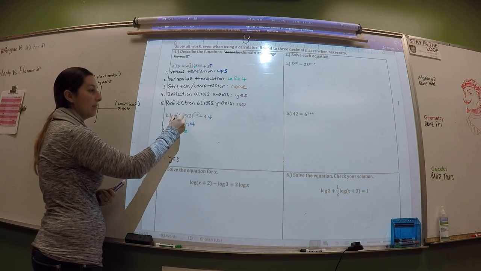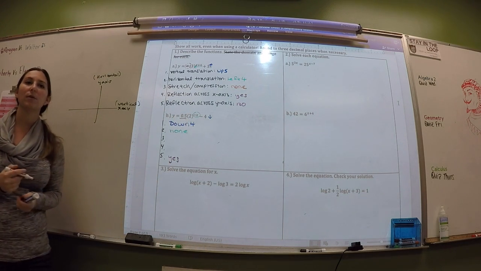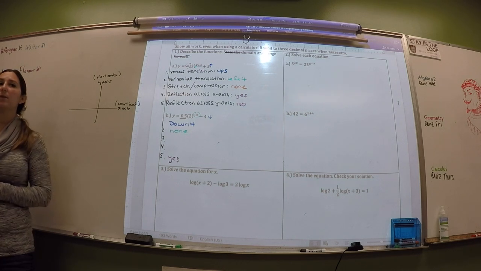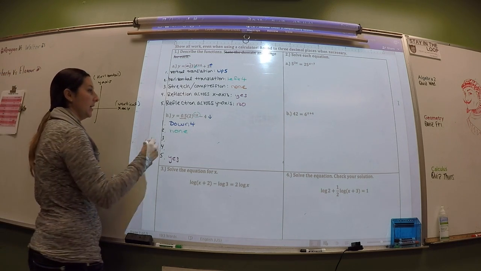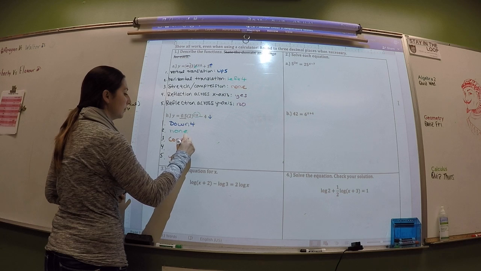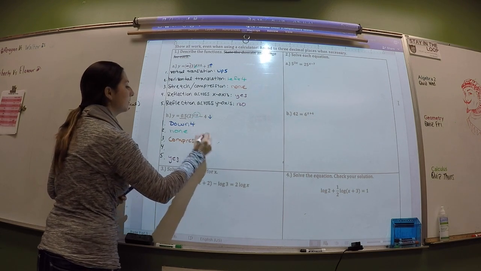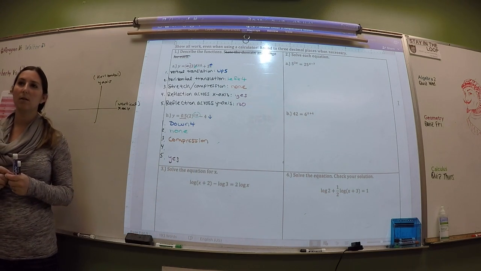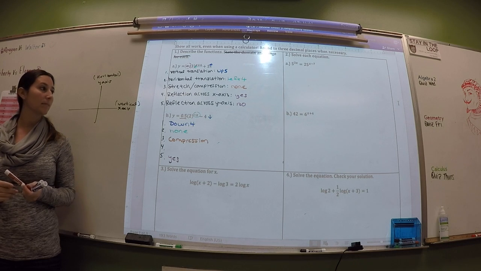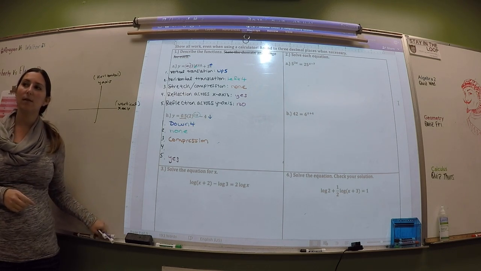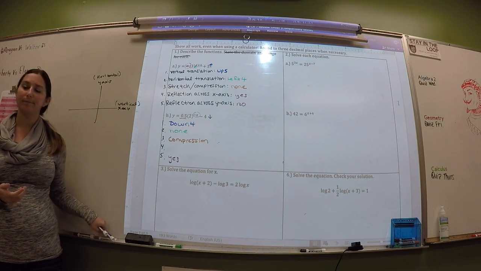We do have a number in front here, so it's a 0.5. Since 0.5 is in between 0 and 1, that's going to be a compression. So I'm going to put compression there. Because is it in between what? In between 0 and 1, like a fraction.